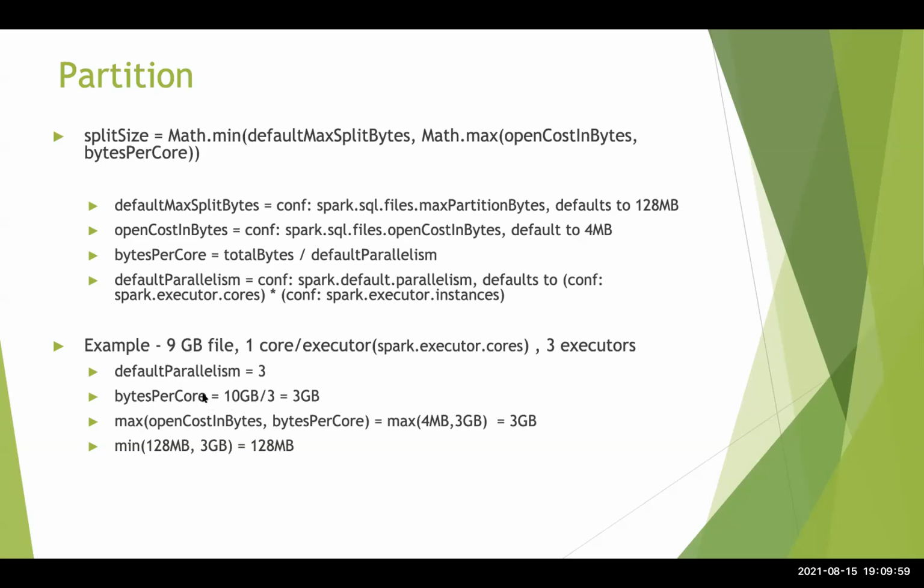I forgot to change it here. 9 GB divided by 3 becomes 3 GB. Then I'm applying the max of open cost in bytes, 4 MB, or bytes per core, 3 GB, and 3 GB is the maximum. Then the minimum of 128 MB and 3 GB becomes 128 MB. That's how one partition size is decided in Spark.